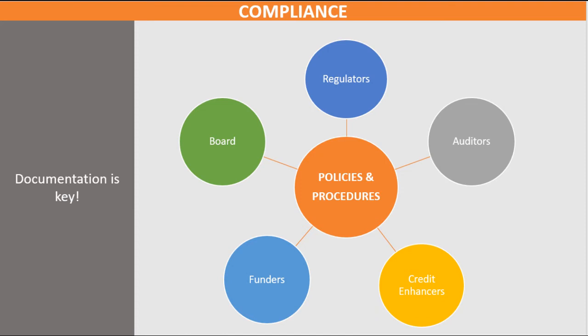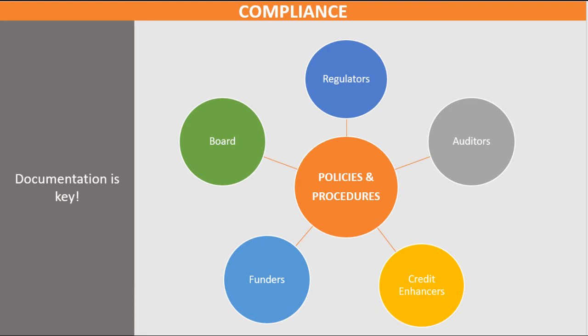Auditors evaluate the credit risk and whether adequate loan loss reserves are established in line with the credit risk. FDIC and NCUA regulations require annual audits for insured depository institutions with $500 million or more in total assets.